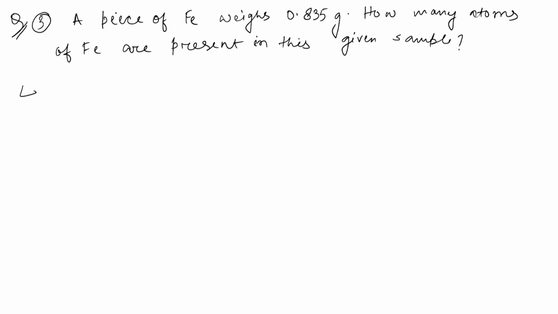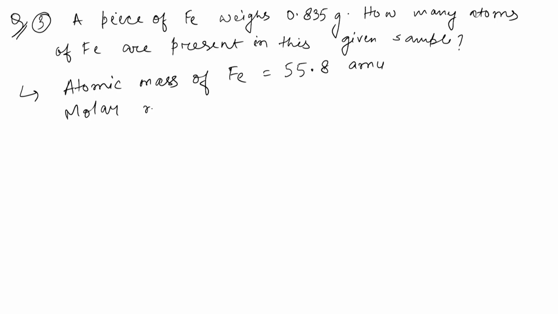So, atomic mass of iron is equal to 55.8 AMU. So, we can say that molar mass of iron is equal to 55.8 grams.